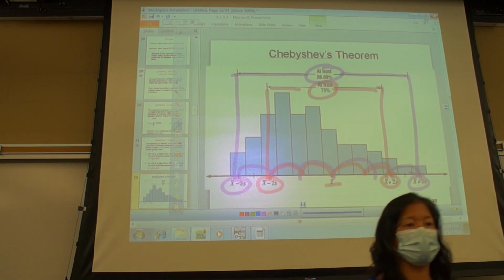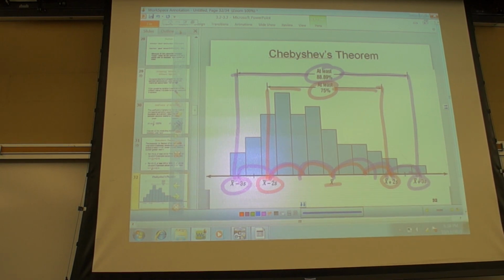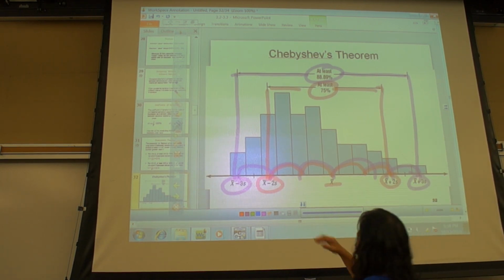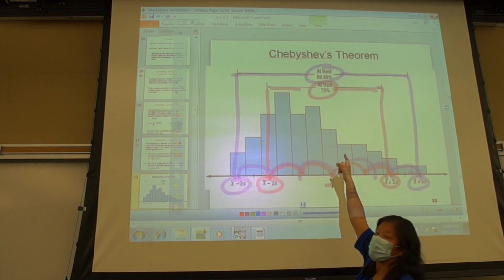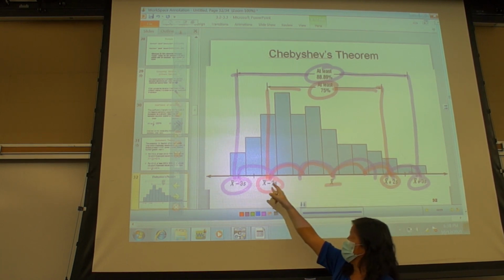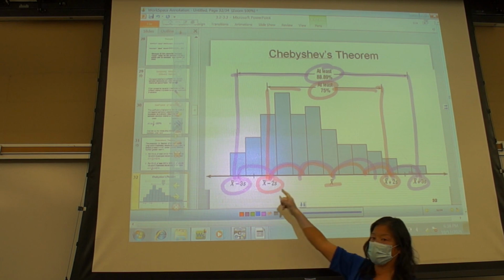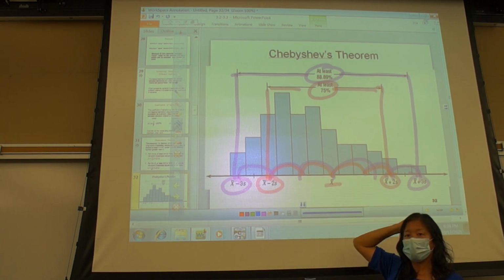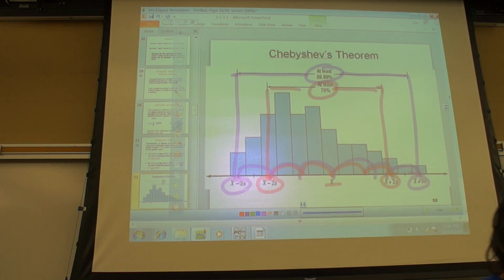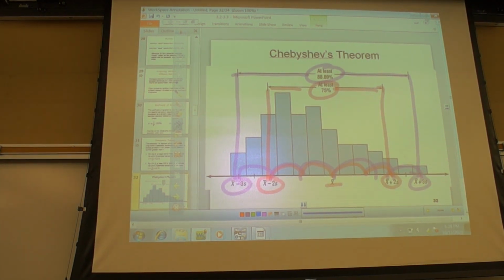So I'm going to take a couple minutes. I'll give you a hint. The first blank is at least 75%. Lie between blank and blank. You've got to figure out what blank and blank are. Good? I would draw a picture, guys.